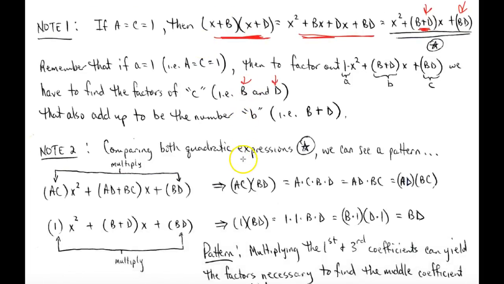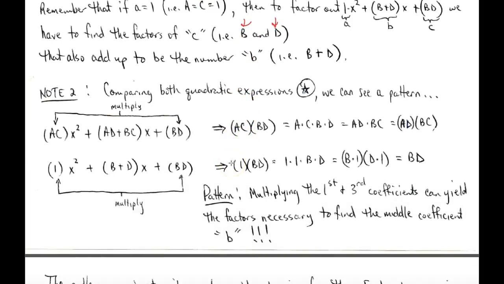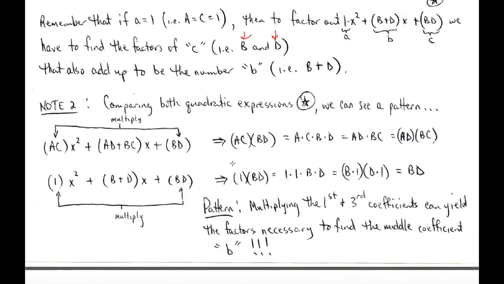So if we take that same way of thinking and go into our note 2 here, if you notice that if we were to multiply the first terms and the last terms together, then we would get this AC times BD.